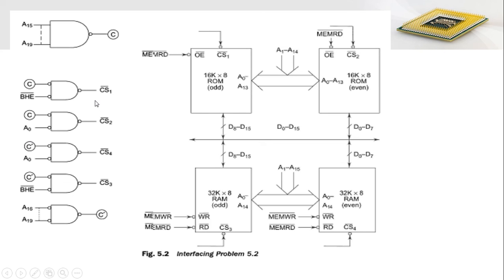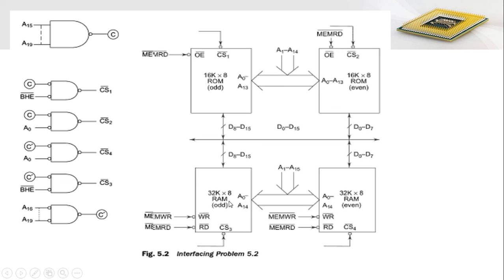Based on that, in order to activate the odd memory of ROM, perform a NAND operation between this C output and BHE bar, and its output is connected as the chip selection pin of the odd bank of ROM. Similarly, perform a NAND operation with the C output and A0, and its output is taken as the chip selection pin for the even bank of our ROM memory.